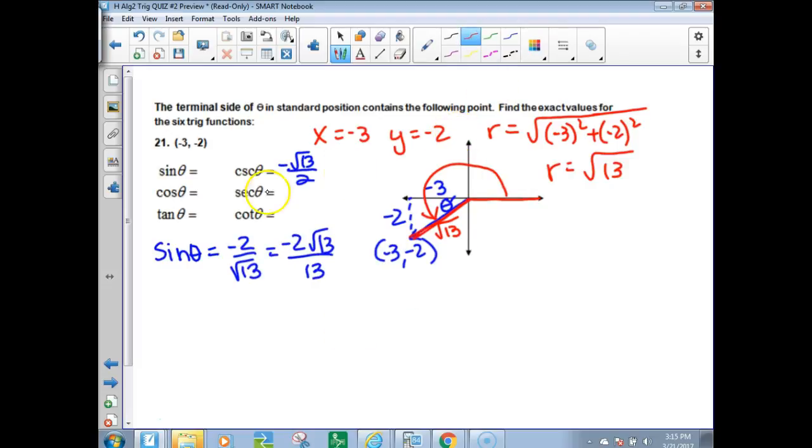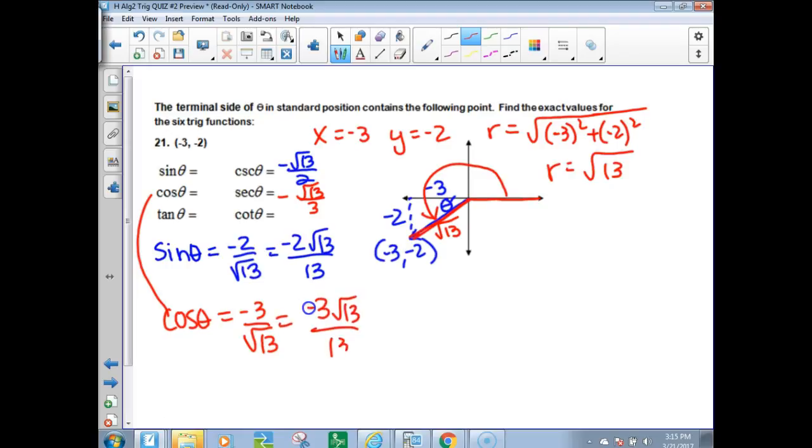Okay, now I'll do the cosine of theta. Adjacent over hypotenuse, or x over r, -3 over the square root of 13. Before I rationalize it, I'm going to write the reciprocal function, which is the secant of theta, -square root of 13 over 3. And then I'll rationalize this, -3 square root of 13 over 13.